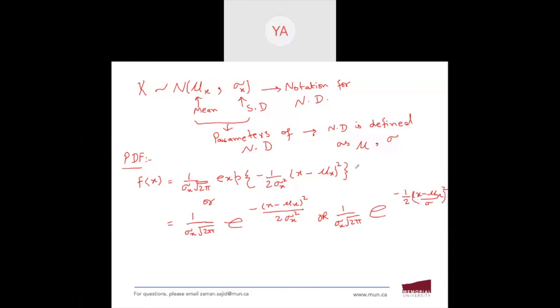So these are different forms of the equation, but the equation remains the same actually.